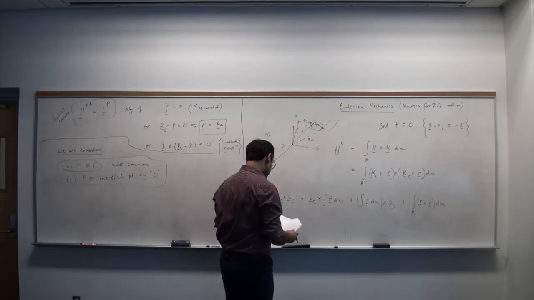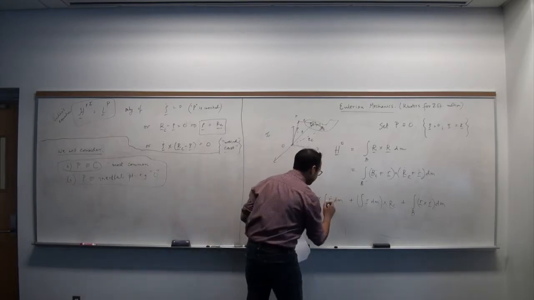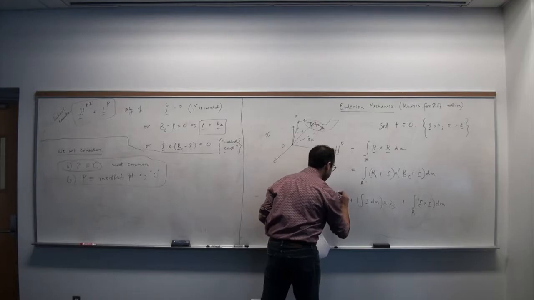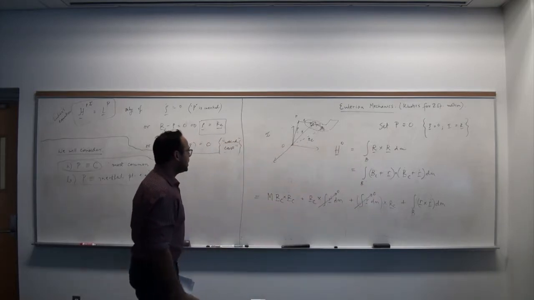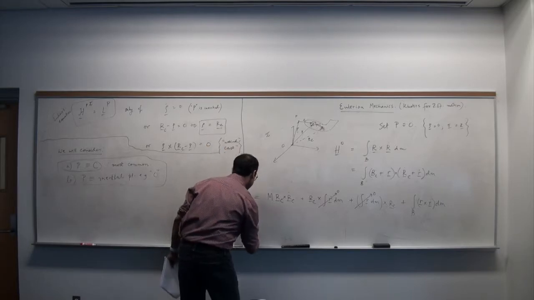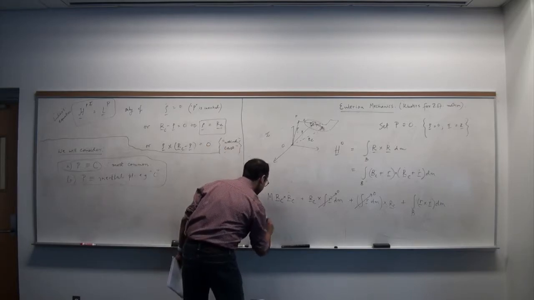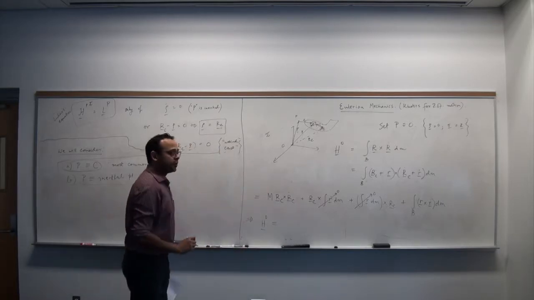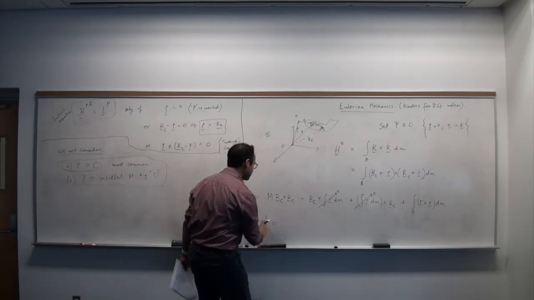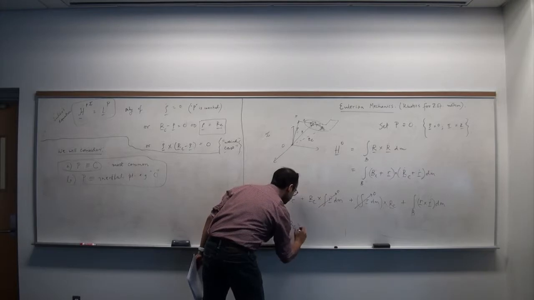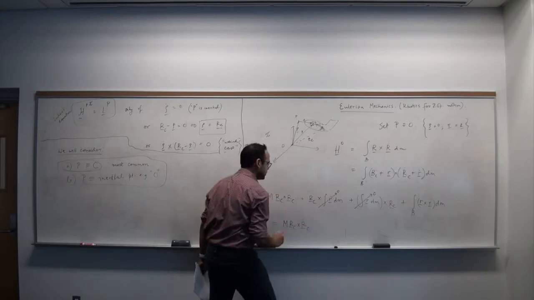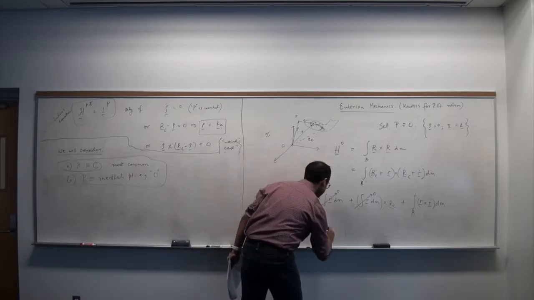Now, we have seen before from the previous lecture that this term and that term are both 0. And so what we get is that the angular momentum of the object measured from the origin is equal to that plus this.